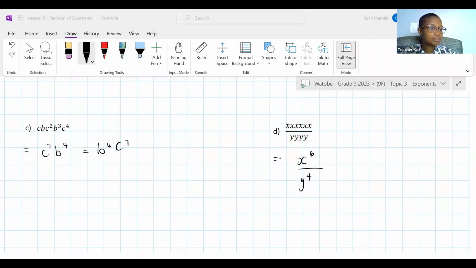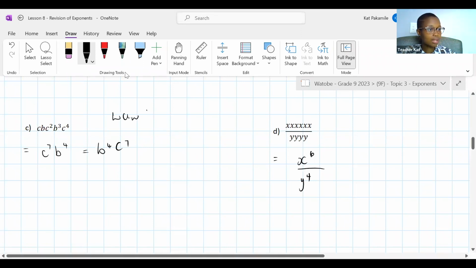Wonderful, guys. It's easy when it's in expanded form to just count: 1, 2, 3, 4, 5, 6. And in Y's, we have 1, 2, 3, 4. But remember in C, we apply law number 1 because we are multiplying.